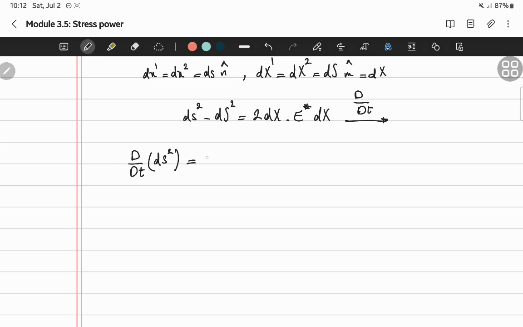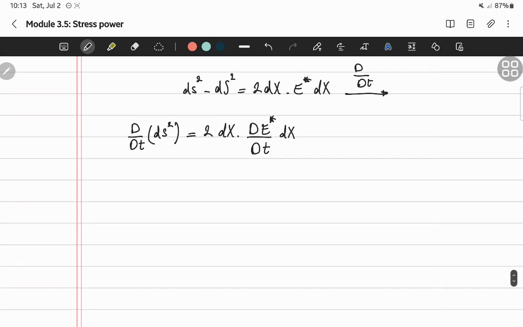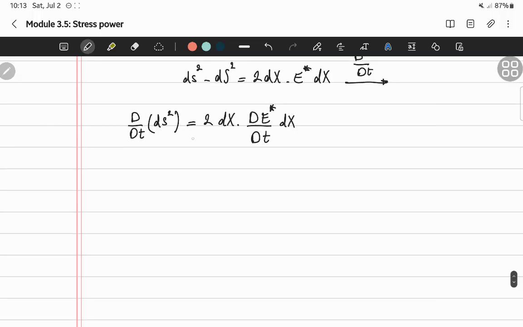So then what we have is 2, this is constant, so dx dot d E star dt, and this is also constant, so this becomes dx again. So if you take the derivative of dx dt, then you have E star dx, this becomes 0, therefore the whole becomes 0, and this is also the same for this dx in here for the second one. So then you end up with something like this.